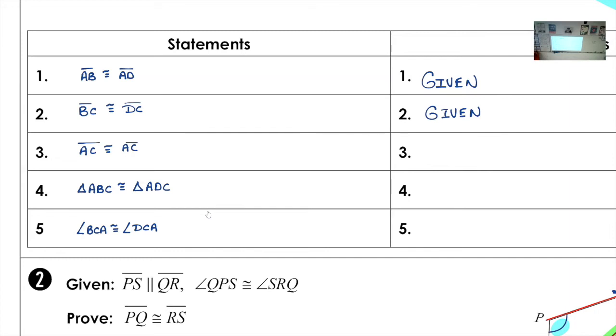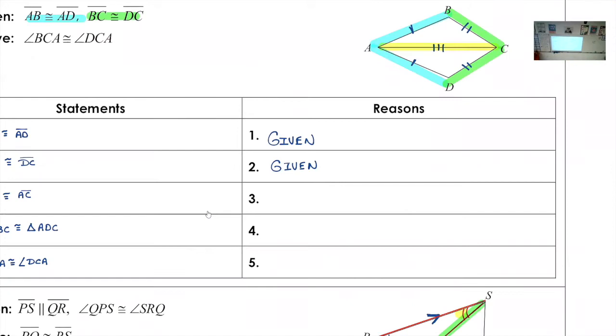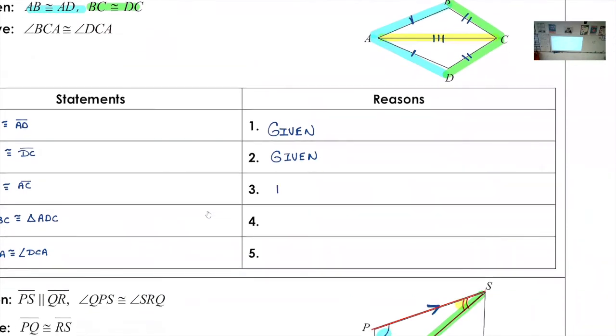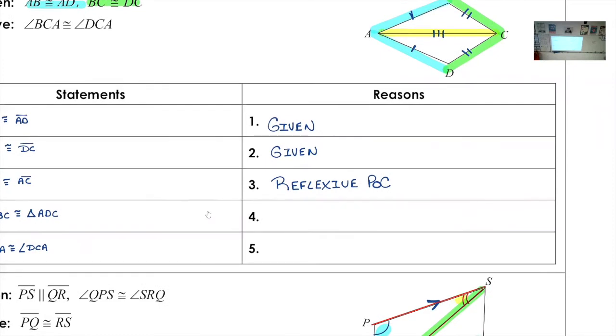How do we know that? Reflexive. Why is it reflexive? It is a shared side. Good. So reflexive property of congruence because it's a shared side.